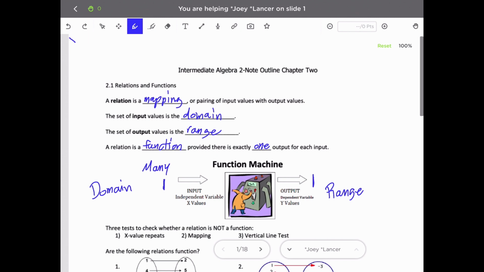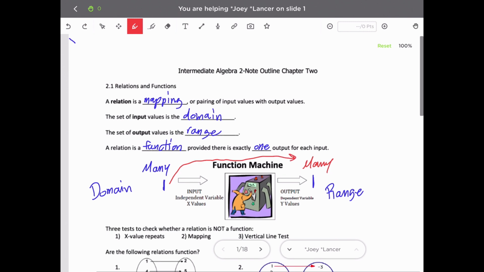But what you can't have is many outputs. You can't have 0 for x and get -2 and -5 and 6. You can't have many outputs. You can't have an x value getting you lots of different answers.